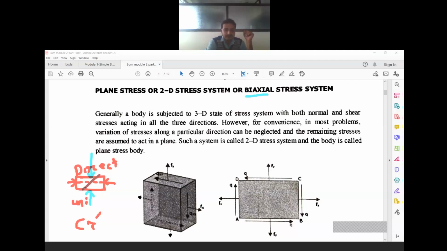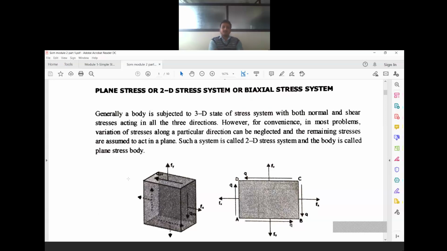For different axial systems, we have different stress conditions, and we are going to analyze and understand the compound stress systems. Now we shall take one example and consider the biaxial stress system. Uniaxial we have already learned in the first module.